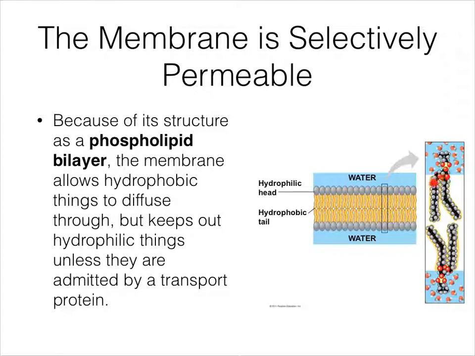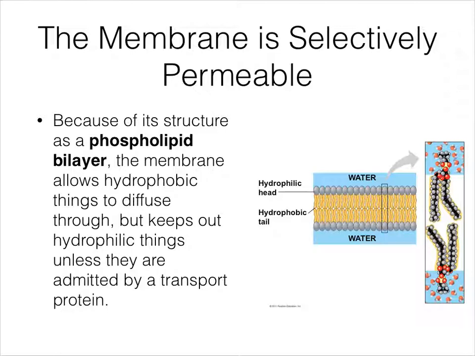They have a hydrophobic portion, which are fatty acid tails, and they have a hydrophilic portion, which is a charged phosphate group, and they are arranged in a bilayer so that the fatty acid tails face each other, and the phosphate head groups face the water outside the cell or the cytoplasm inside the cell. And the plasma membrane, by its nature, is selectively permeable. That means that some things can cross it, and other things can't cross it.